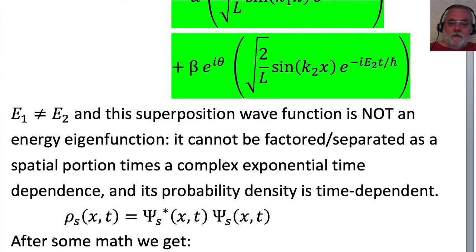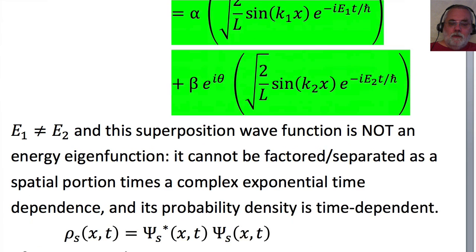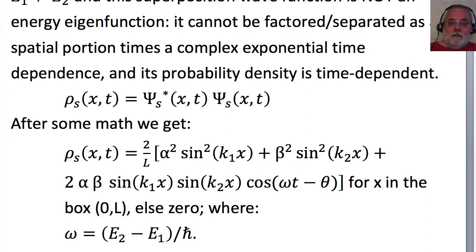This is the probability density. You just take the wave function conjugated times the wave function, and we're going to do that for this wave function, psi sub s. If you do the math, you will get the following.